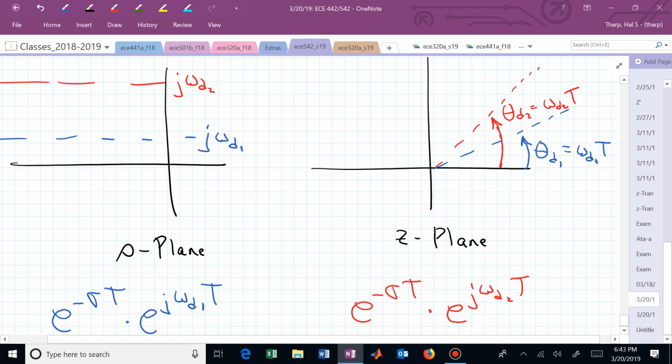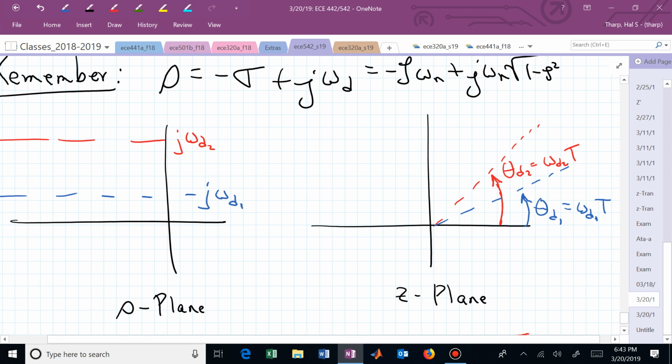Is it clear what we now have? We now have wedges in the z-plane corresponding to peak time. Which peak time is smaller, the peak time associated with omega d1 or omega d2? Time to peak is pi over omega d.